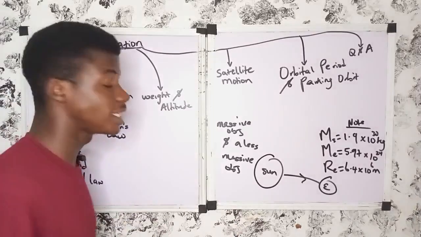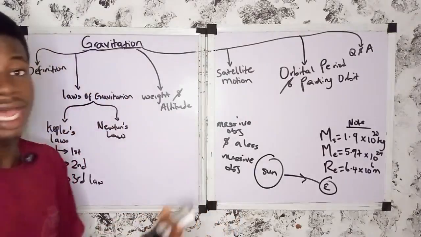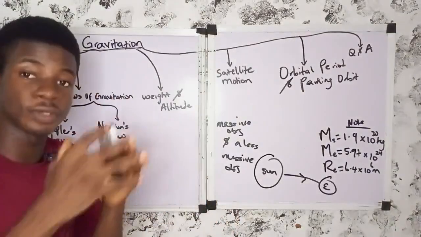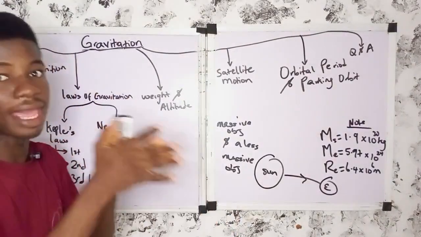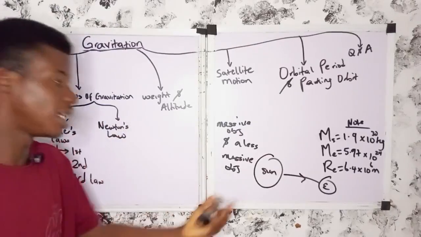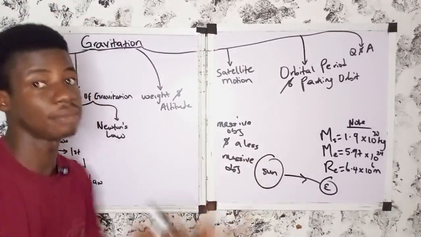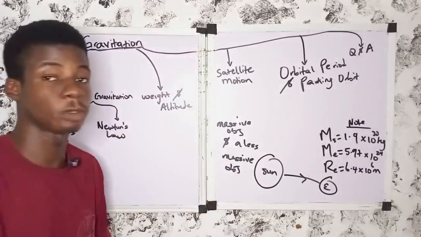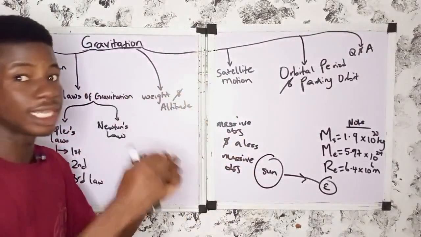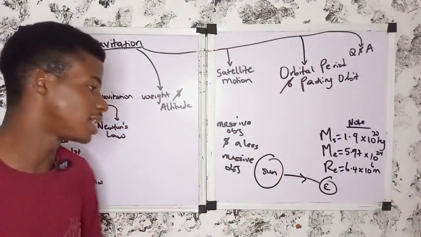You can also define it as the force exerted by a massive object on a less massive object. So that is the definition of gravitation: the force of attraction between a massive object and a less massive object, or the force exerted by a massive object on a less massive object.